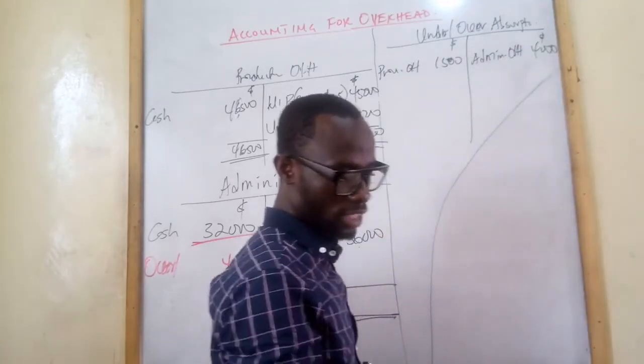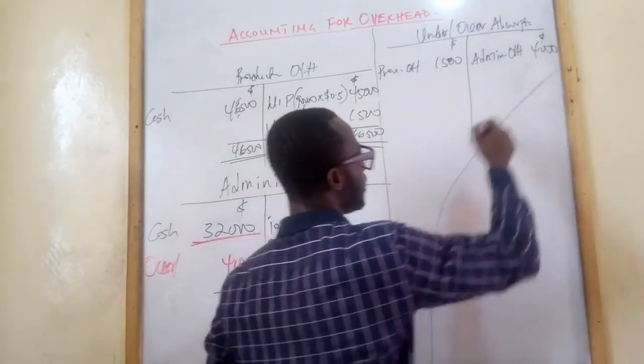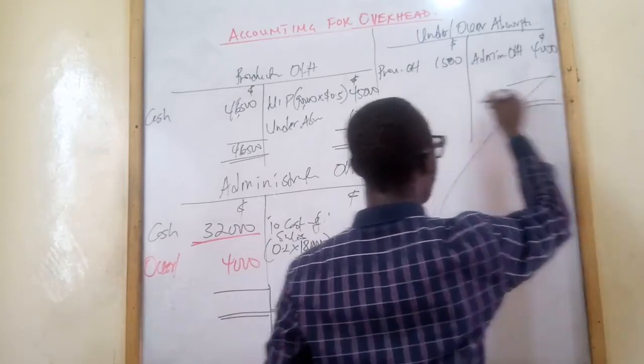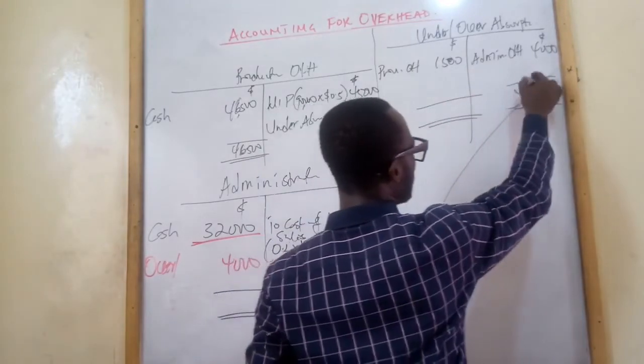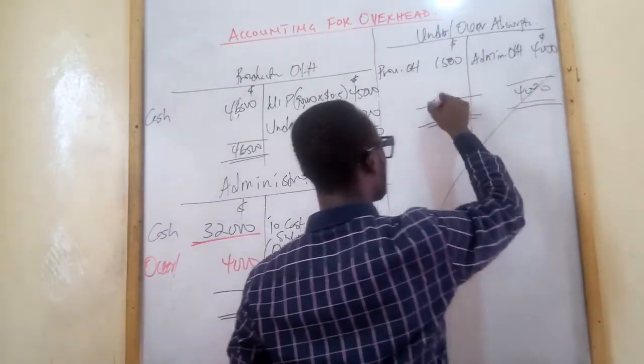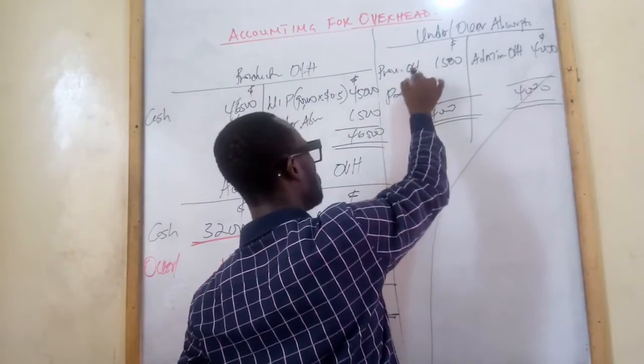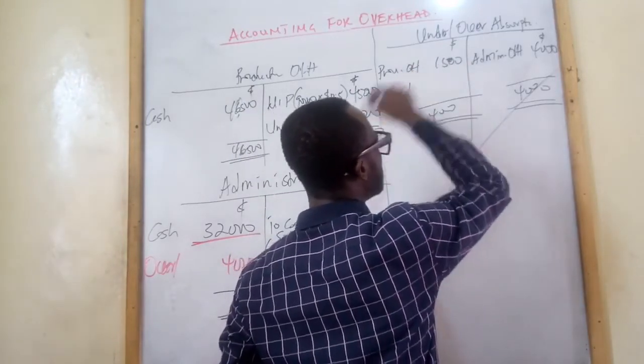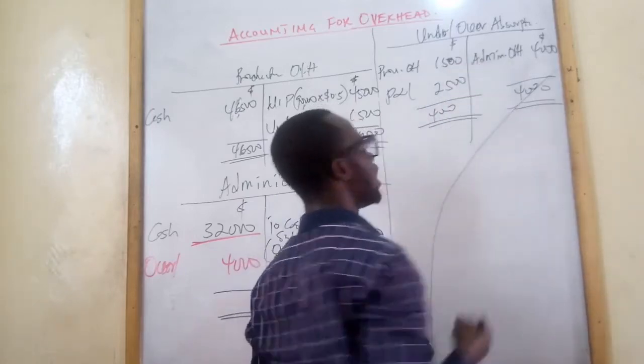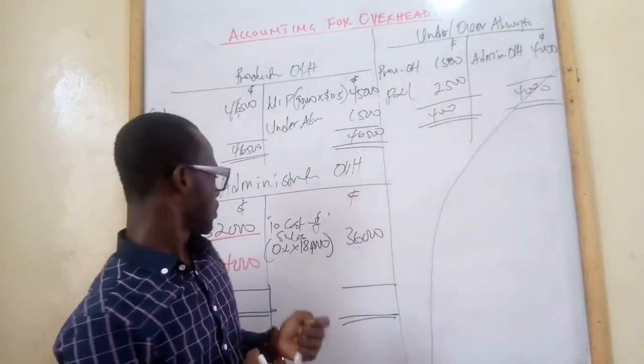So that is what you have to understand in relation to that. The difference will go to the profit or loss account for the year. So 4,000 less 1,500 will go to P&L as 2,500. That is the total thing.